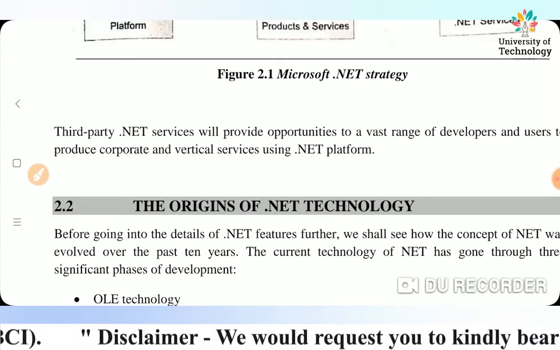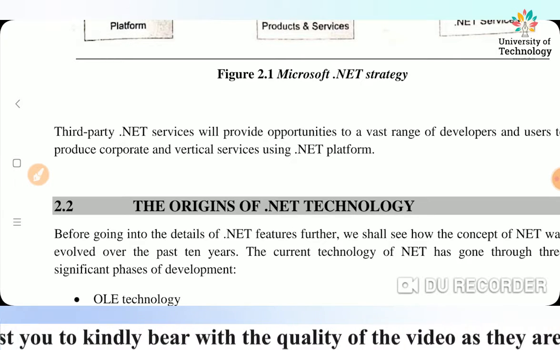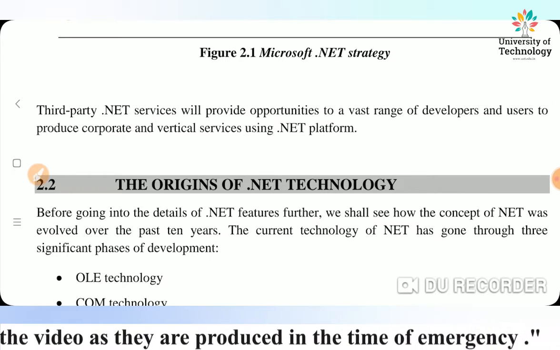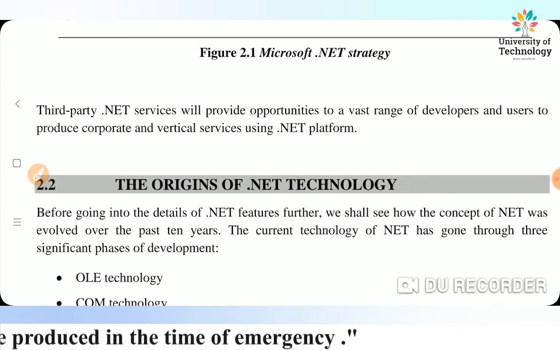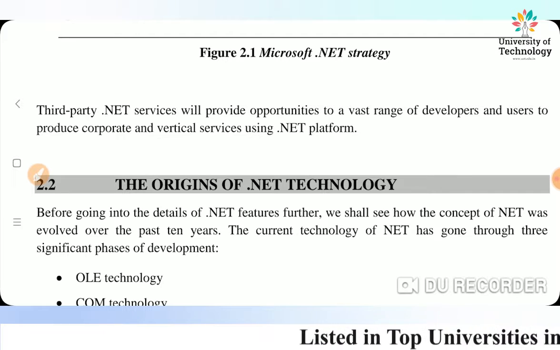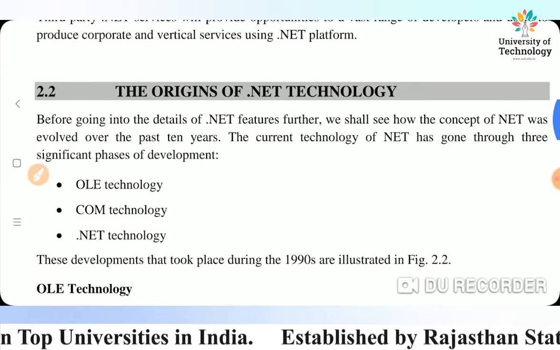So friends, third-party .NET services will provide opportunities to a vast range of developers and users to produce corporate and vertical services using .NET platform. Next, the origins of .NET technology.